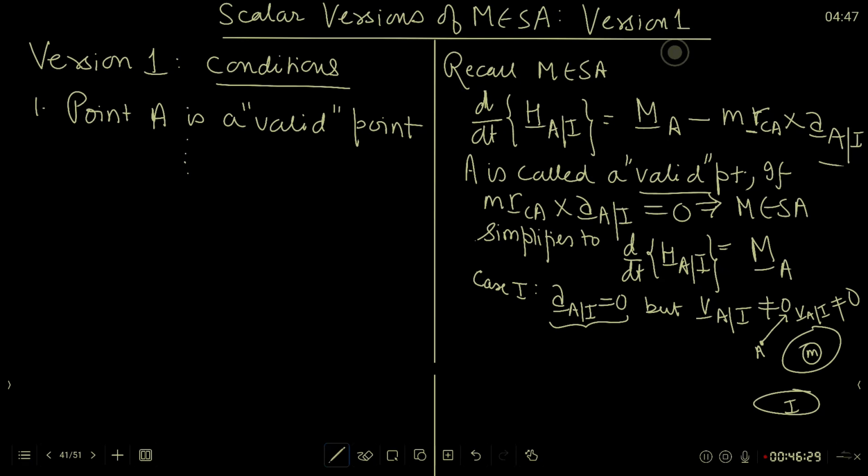Case 2, A is fixed to I, and in that case, even VAI will be 0 and AAI will also be 0. Both will be 0. That would be the situation when A is actually fixed in I. And this case takes us back to ESA.